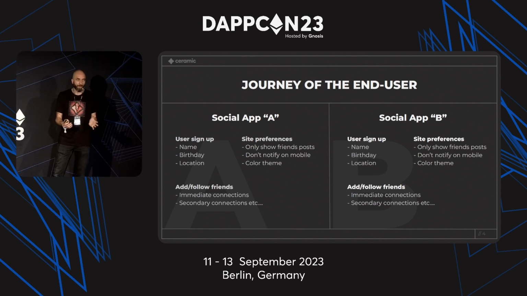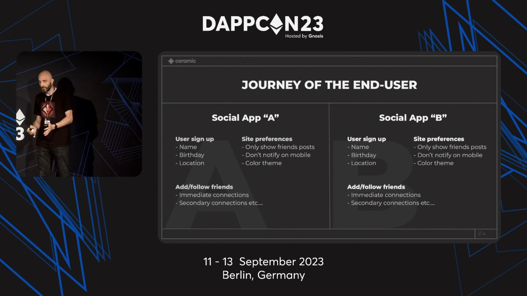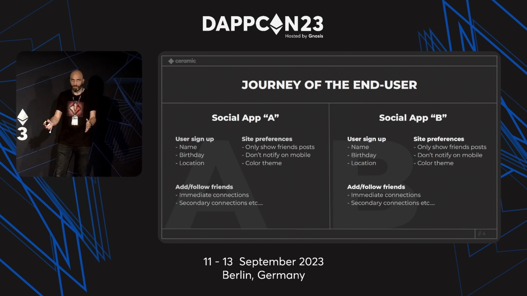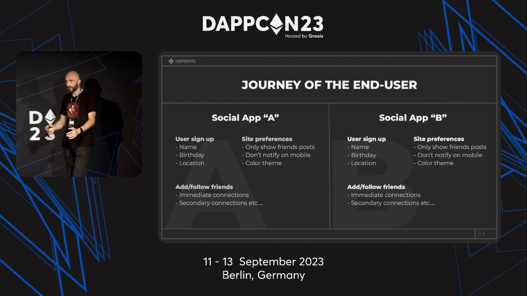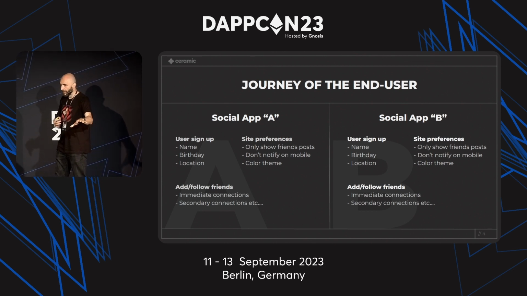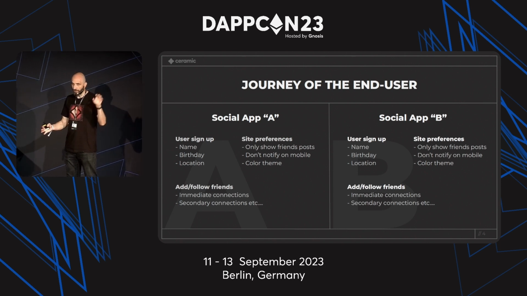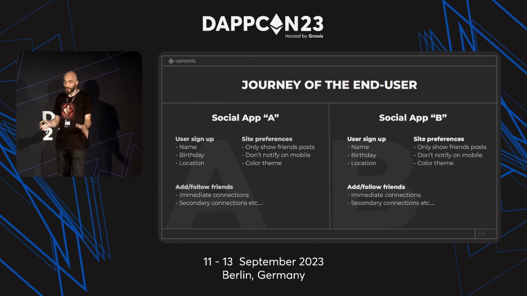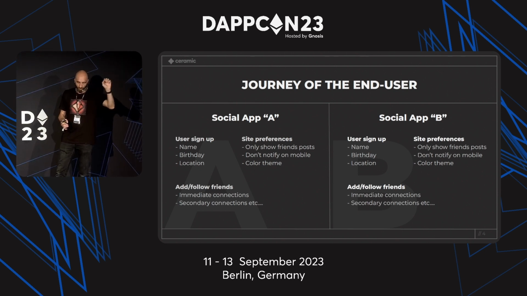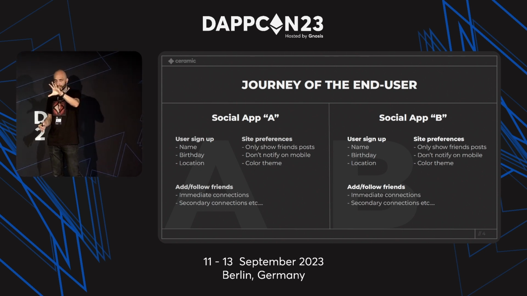So if I am a new app developer and I want to jumpstart my social app, but I don't have any users yet, or the users that potentially I can have don't have any social graph on that social app yet, then I can use those models, like the model for a profile, the model for, for example, posts.